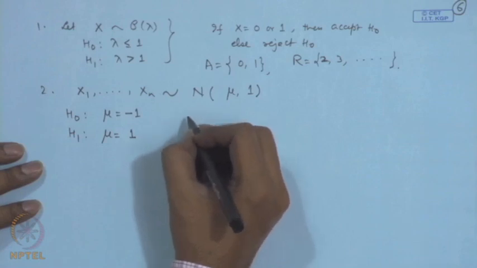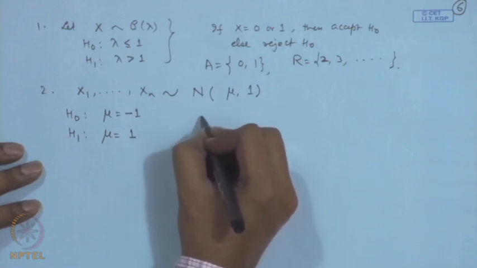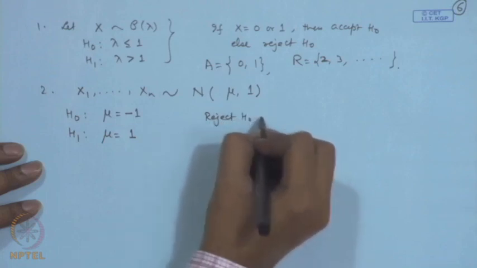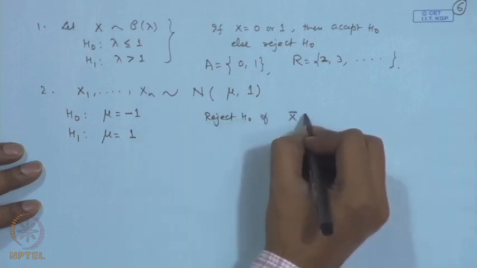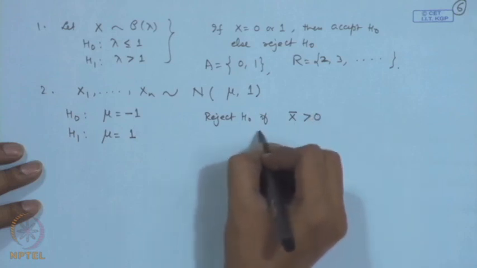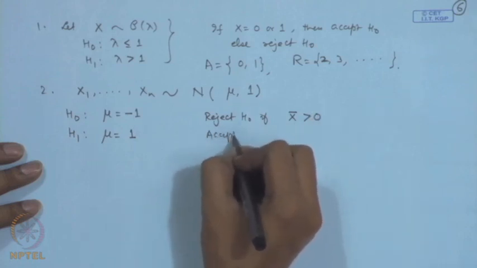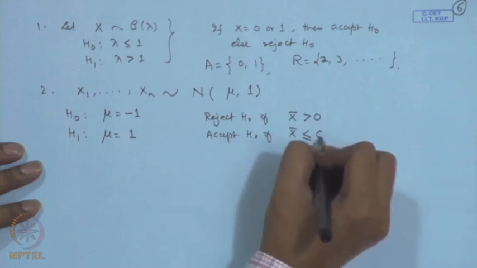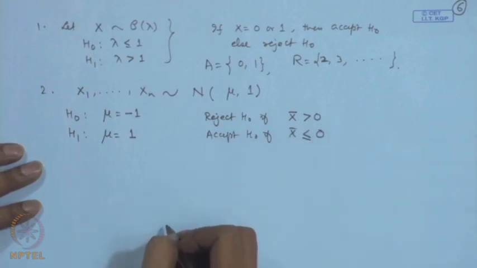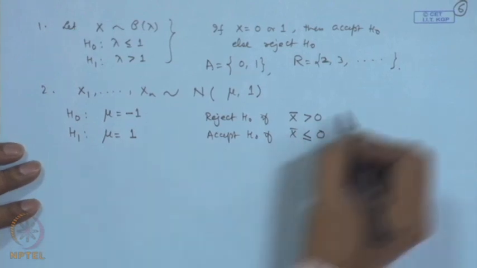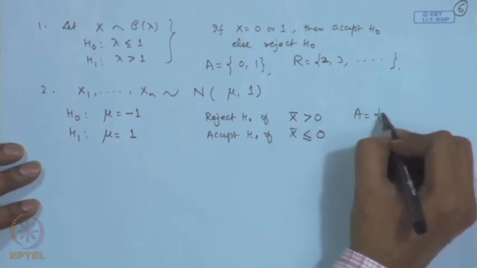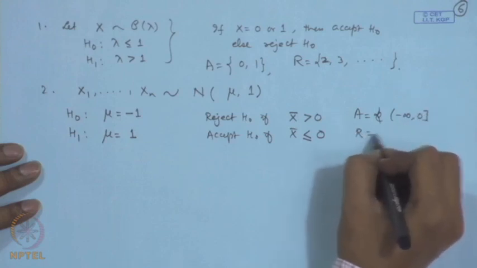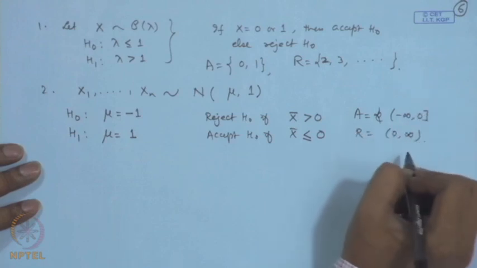Then we may take a test procedure as: reject H naught if X bar is greater than 0, accept H naught if X bar is less than or equal to 0. So, here our acceptance region is minus infinity to 0 and the rejection region is 0 to infinity.